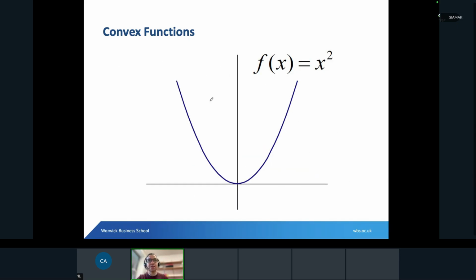Yes, you can see it obviously from the visualization that if you draw any line here, this line is always above the function itself. We only consider until here because this is x1 and this is x2. And for this range, we want to make sure that the line is above the function itself.